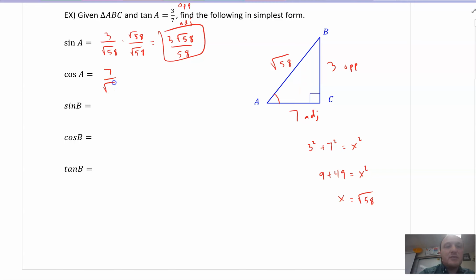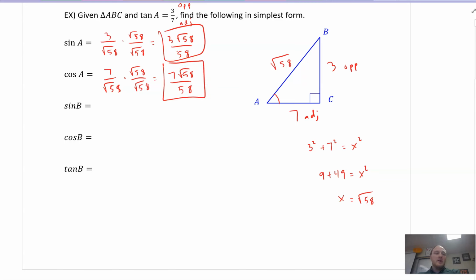So 7 over root 58. Okay, so I will rationalize. So we get 7 root 58 over 58. There it is.